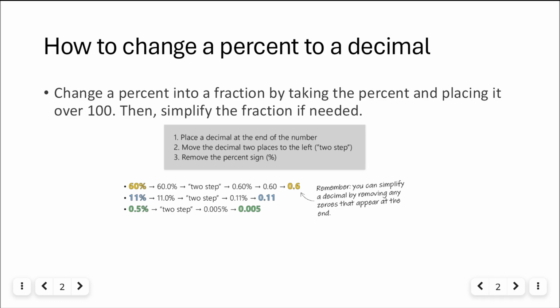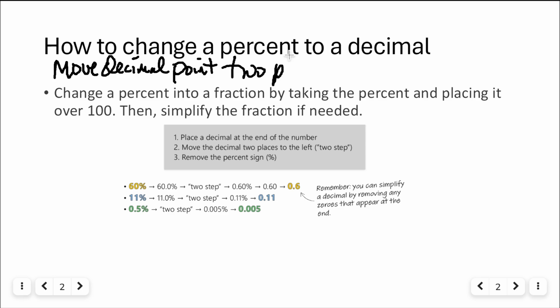You can change a percent into a fraction by taking the percentage and placing it over 100 and then simplifying the fraction. So that's how you convert from a percentage to a fraction, okay? If you want to change from a percent to a decimal, you move the decimal point 2 places to the left.